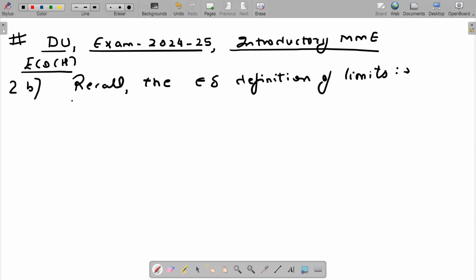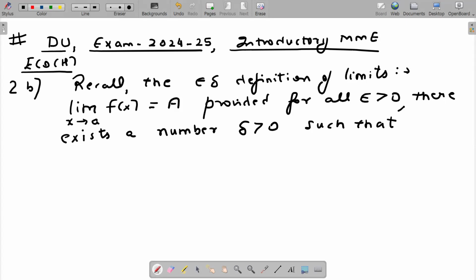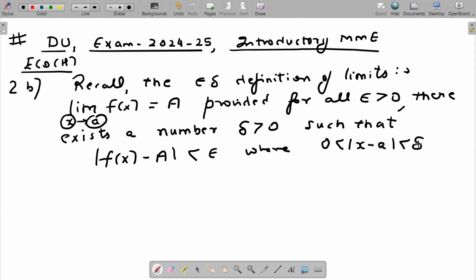The limit as x tends to a of f of x is equal to capital A, provided for all epsilon greater than 0, there exists a number delta greater than 0 such that the difference between f of x and its limit value in absolute terms is less than epsilon, whenever the difference between x and a in absolute terms is more than 0 but less than delta, where epsilon and delta are small numbers.